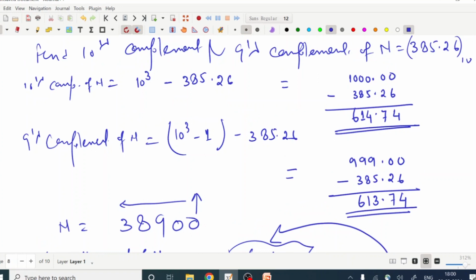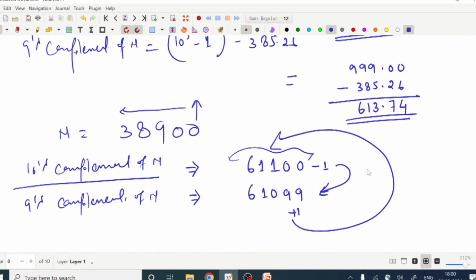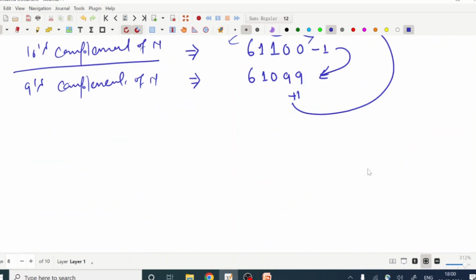We already discussed this, but the simplified formula for an integer number for finding the r's complement is: starting from the unit place, the first non-zero digit is subtracted from r and the rest of the digits are subtracted from r minus 1. For finding the r minus 1's complement of an integer number, each and every digit is subtracted from 9.